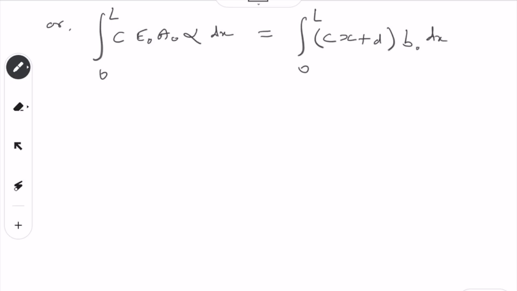This is our equation. C is constant, E naught constant, A naught constant, alpha constant.